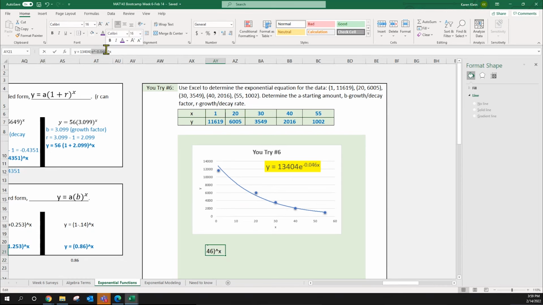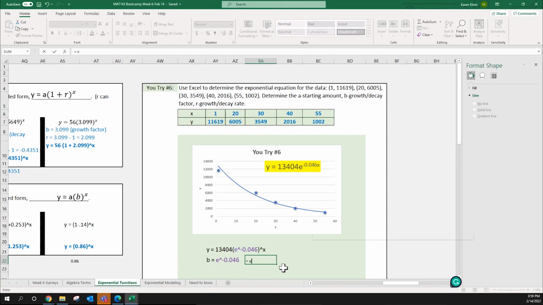Notice that all of that in there represents the value of b. The b value, so that's going to be exp, we have negative 0.046. Let's round that down to 4 decimal places.